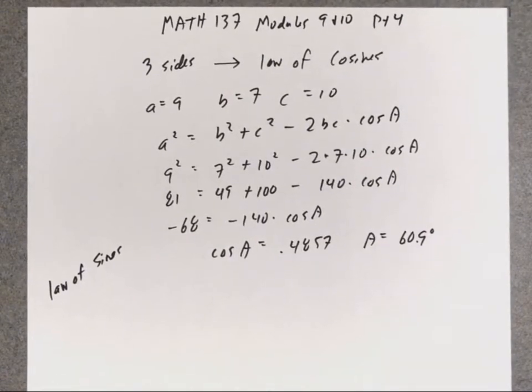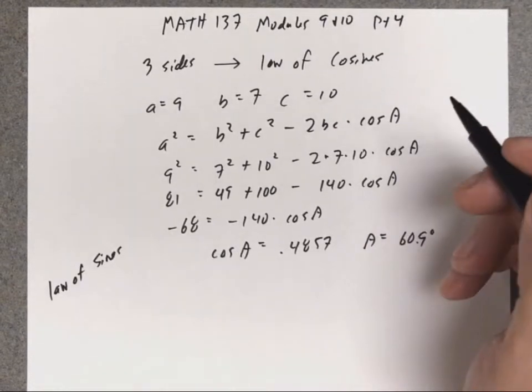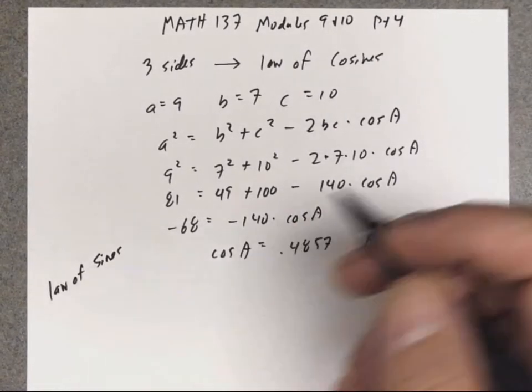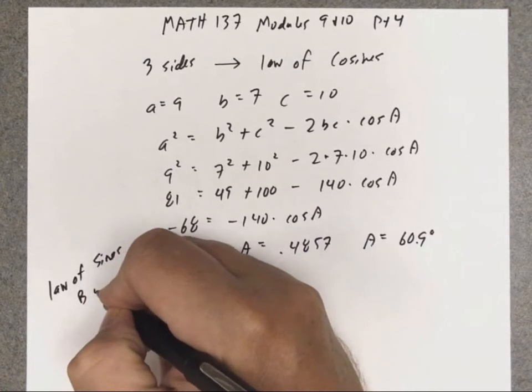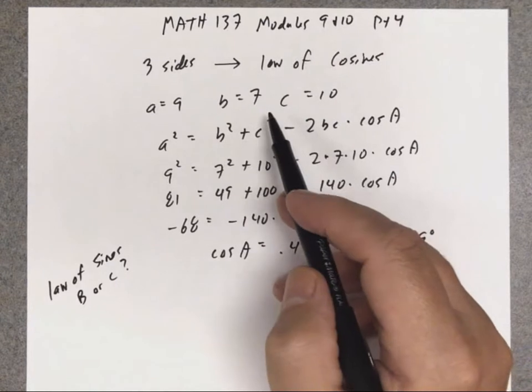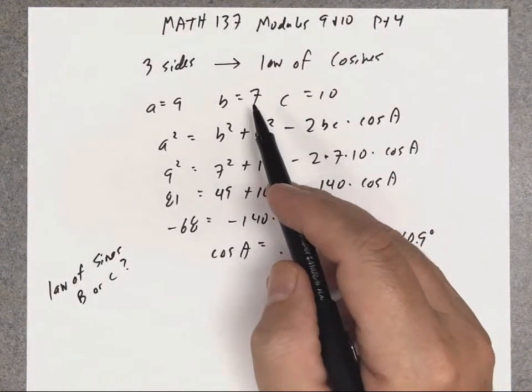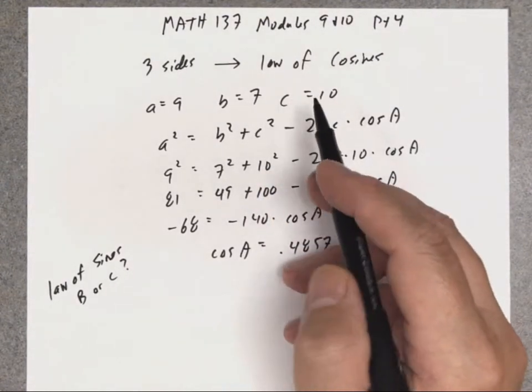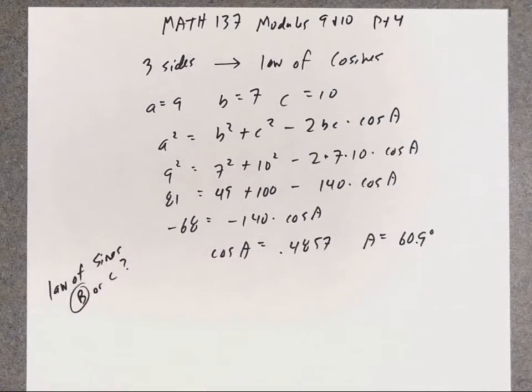Remember, it's the angle of the shortest side left. So my possibilities are B or C. I see side B is 7, side C is 10. For me to have a correct answer, if you want to use law of sines, you need to go figure out angle B next.